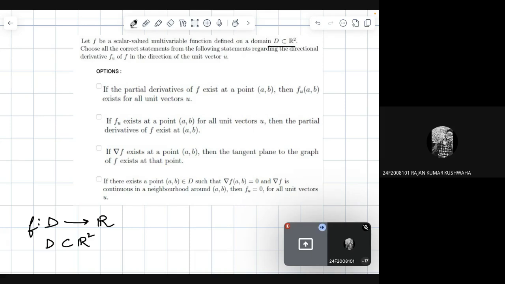Multivariable means f takes its value from R2, because D is a subset of R2, and from there it gives some scalar value.